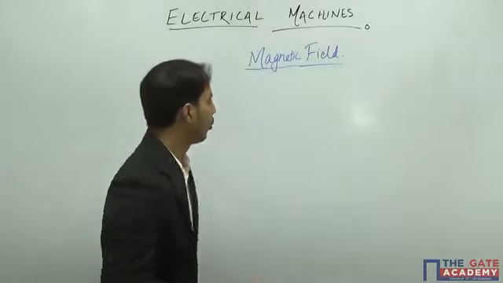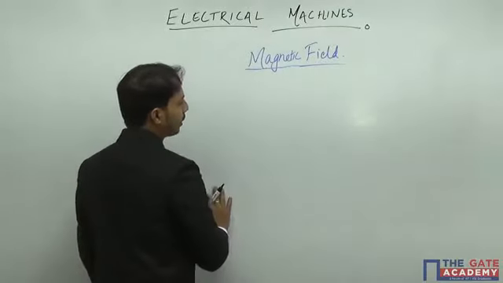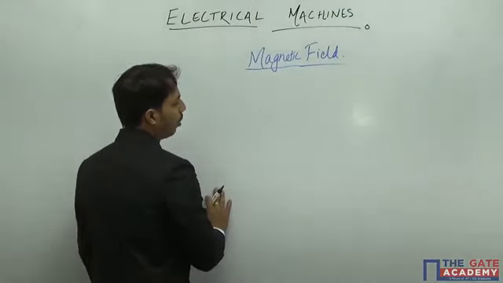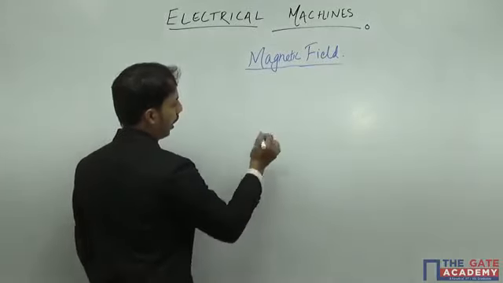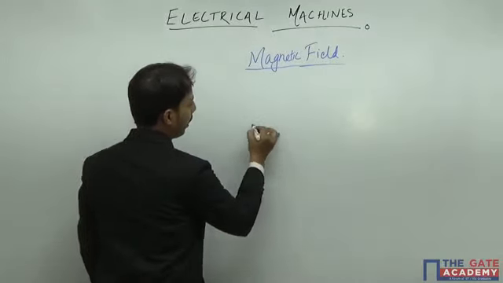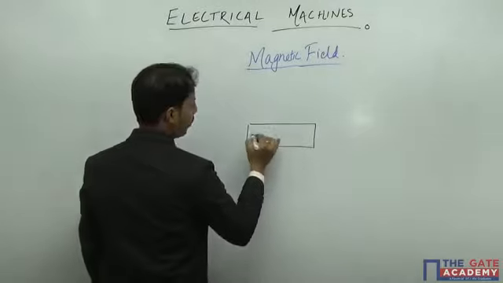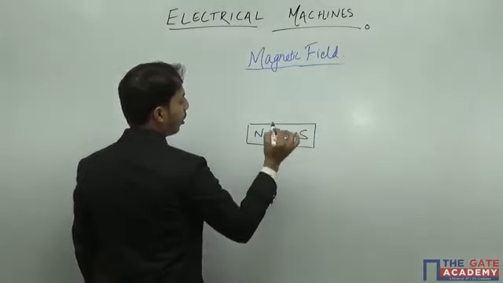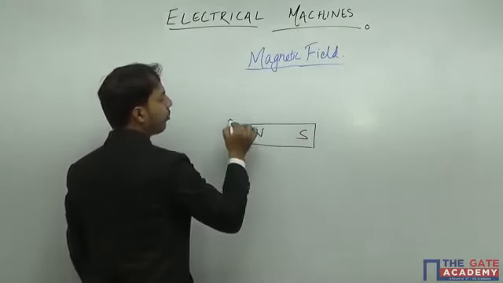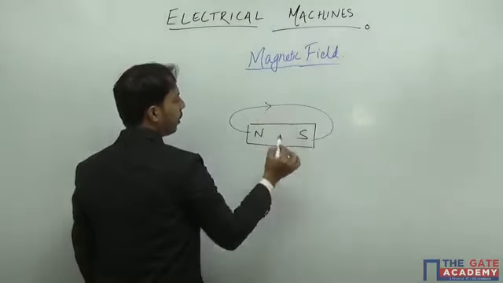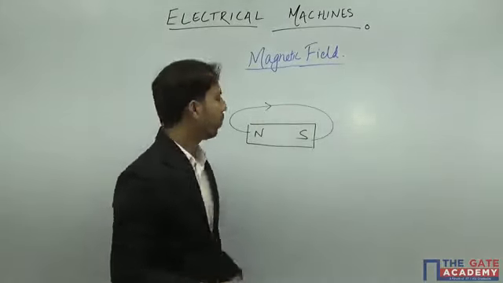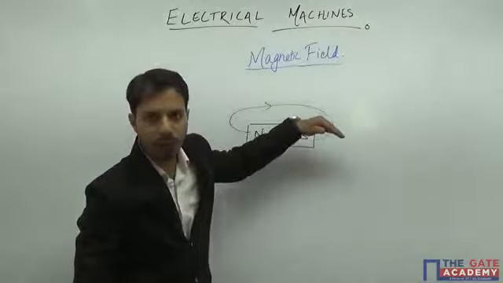So in that particular way, let us take a path. Say I have a north pole and south pole and they are flowing through this path. This is a normal path.